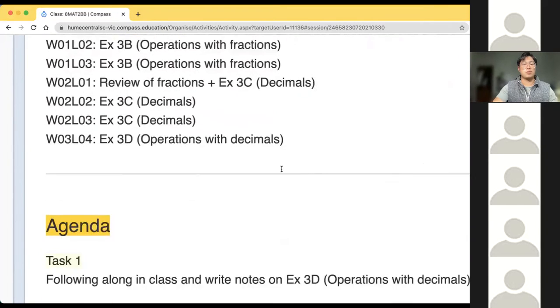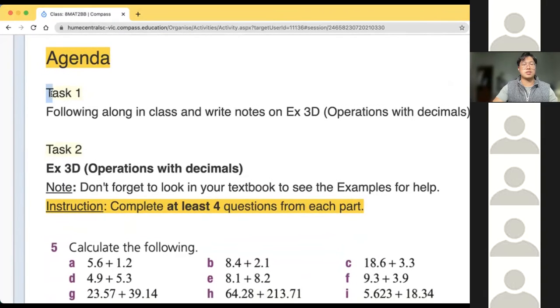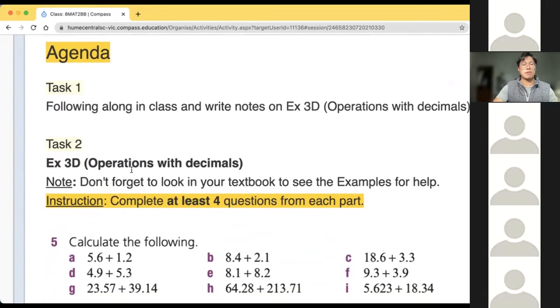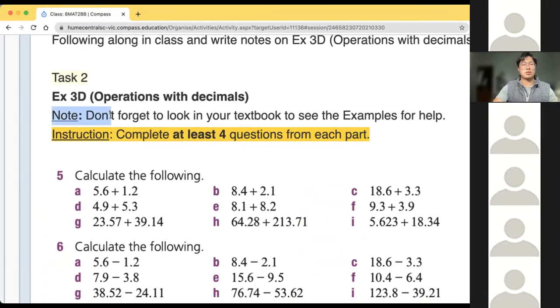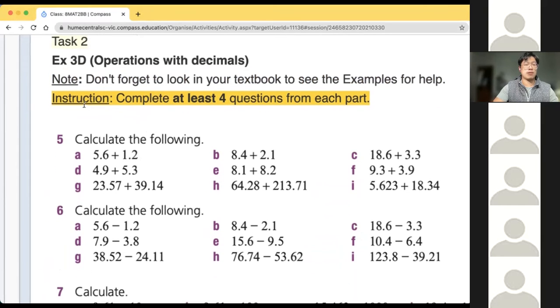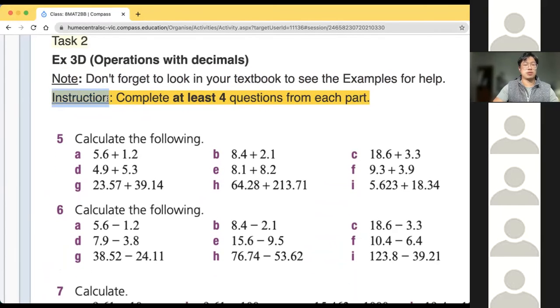When you scroll down to the bottom here, when it says agenda and it says task 1, task 2, read it. Don't forget to look into your textbook to see examples for help, or you can look at our notes. You can look at my notes that we're doing right now. Instruction: complete at least 4 questions from each part.